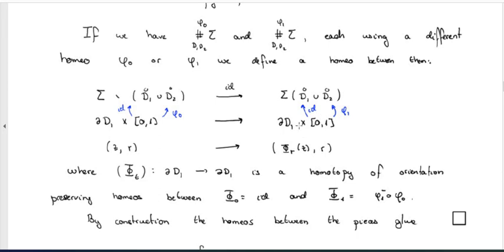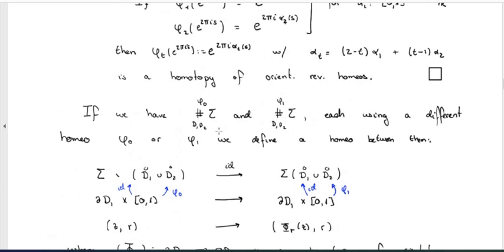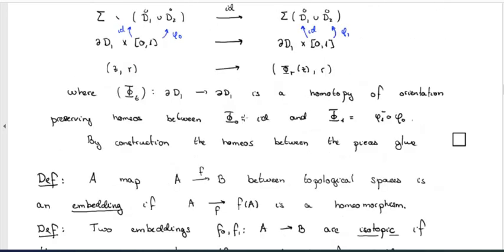So basically the cylinder, the interval part, is identified just directly, but in this part we take a homeo of partial d1 that starts as the identity at 0, and then it moves to phi 0 composed with phi 1 inverse. And this is exactly what you have to put in order so that everything glues with the other piece. All right, so you should check that this works.